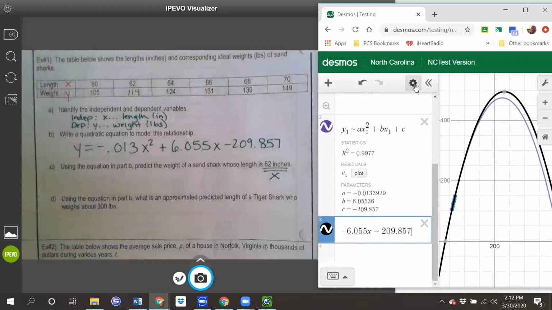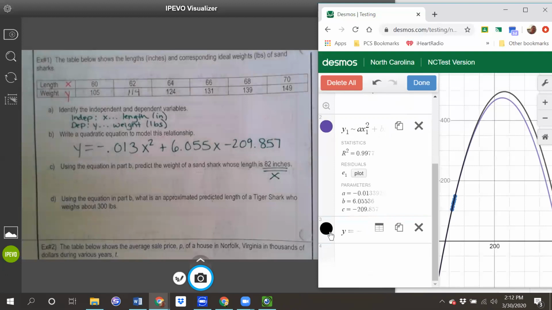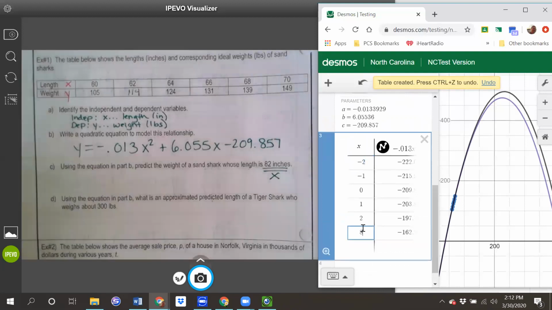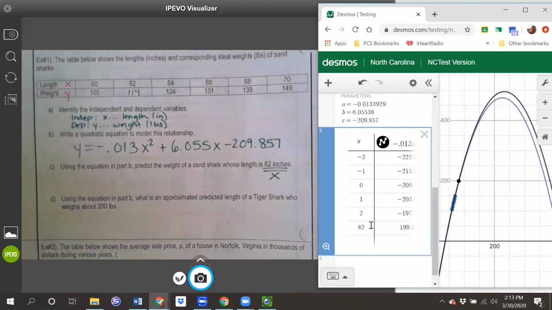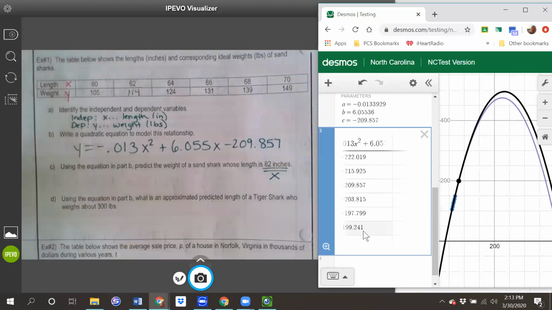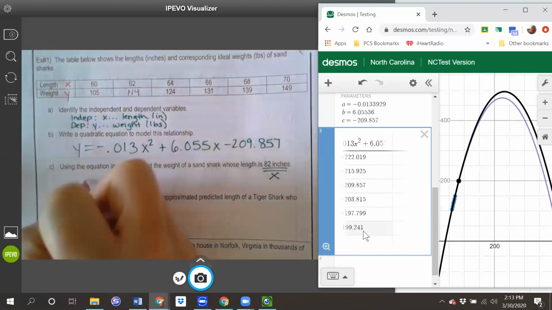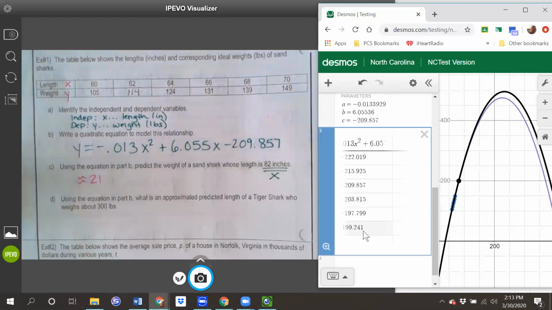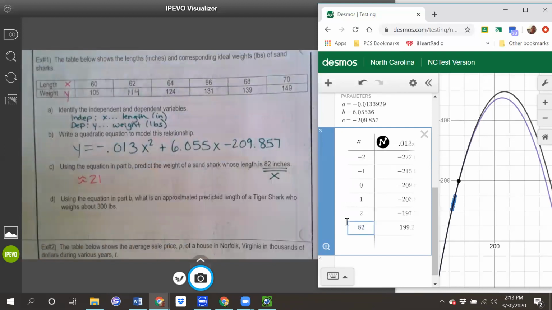And remember, we can look at this table of values. If I go up to my gear and say I want to look at number 3 as a table of values, then I can plug in an x value of 82, and that tells me that my y value, that means the weight, is approximately 219?